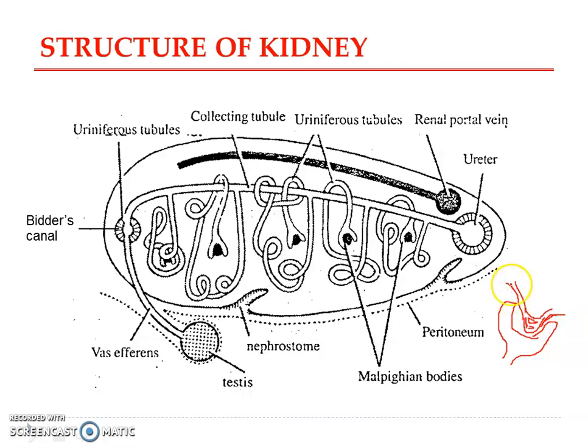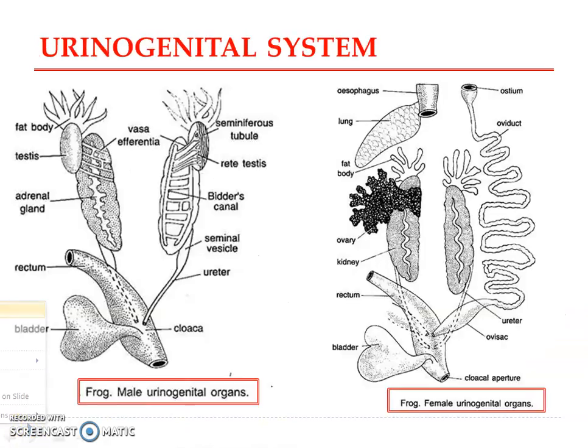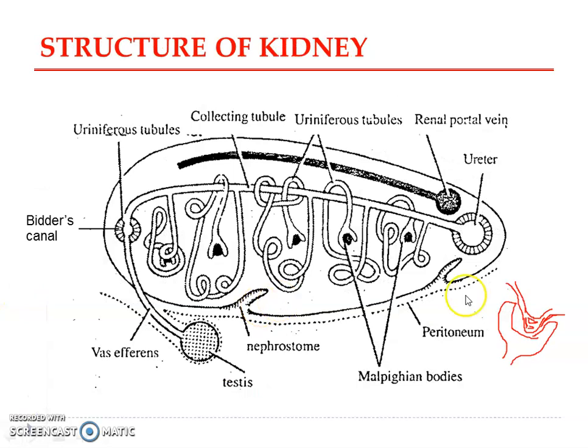This is the blood vessel. Here it branches out and then joins together and forms once again a complete intact vessel. This is the Bowman's capsule over here, and this is the glomerulus.